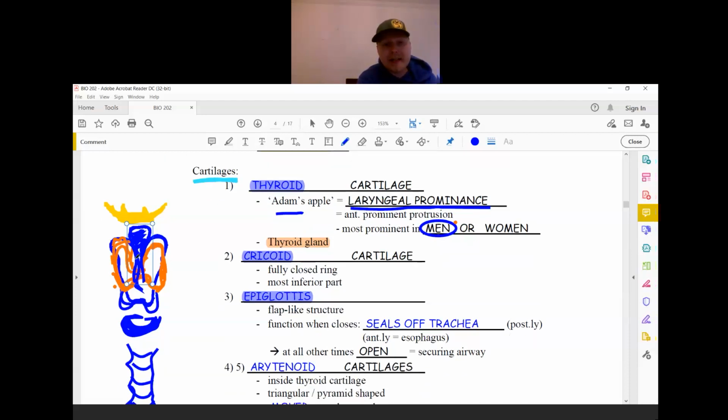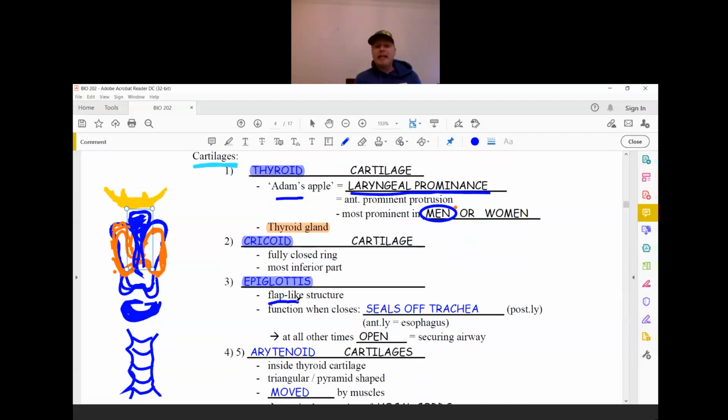Its function is to seal off the trachea, so the airway, whenever you swallow, so you consume food or liquids that have to go down to the esophagus, which is located more posteriorly to the trachea. The airway is kept open at all times with the exception of when we're swallowing. So the epiglottis is normally in an open position. The only time when it is not is when we are swallowing.